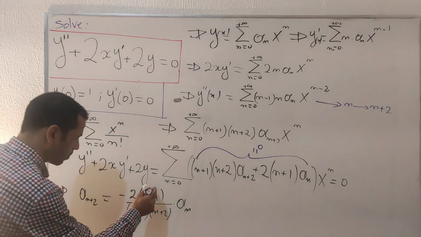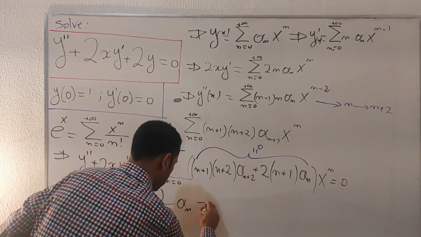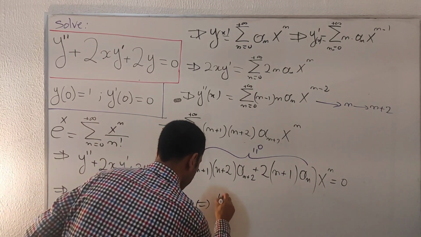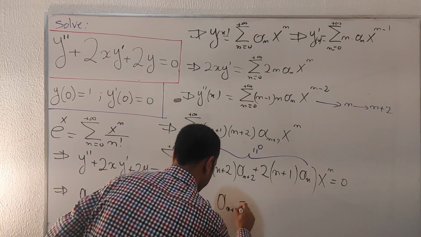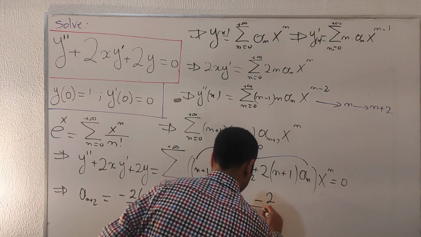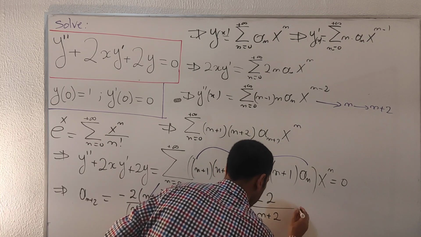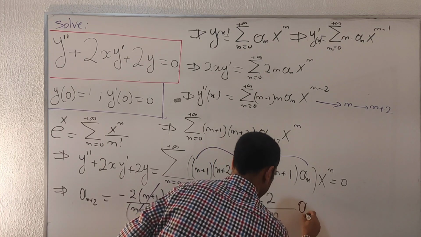So the n plus 1 cancels out, which means I will be left with e sub n plus 2 equals minus 2 divided by n plus 2 multiplied by e sub n, like this.